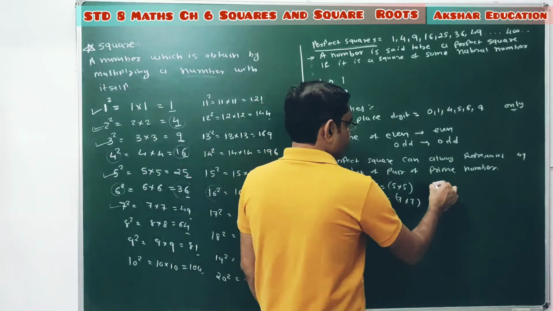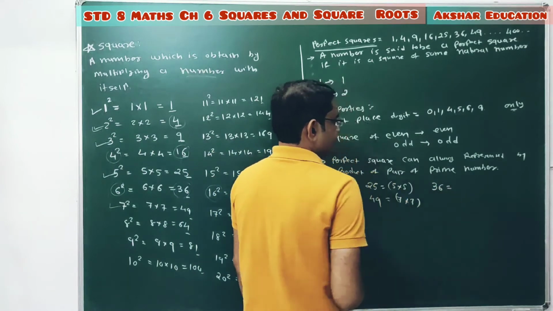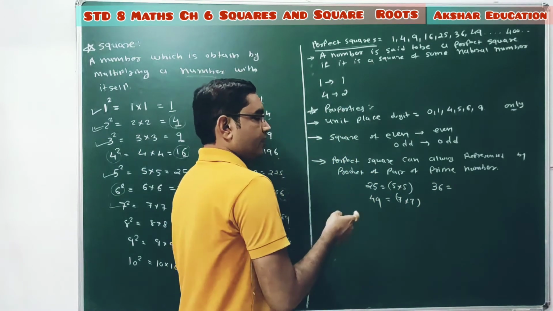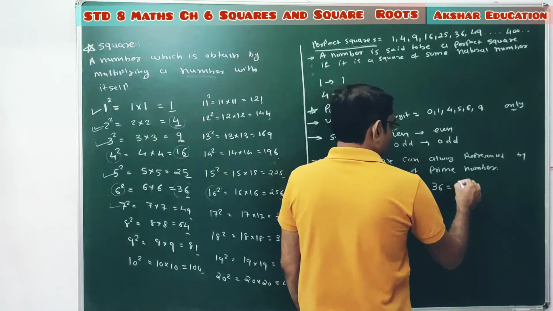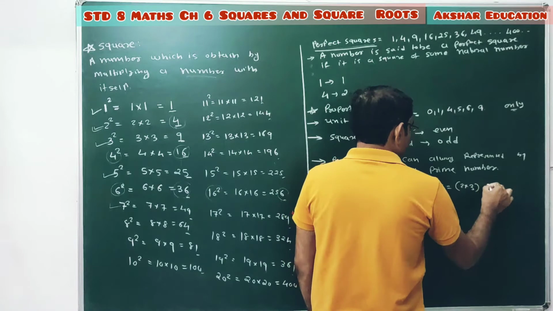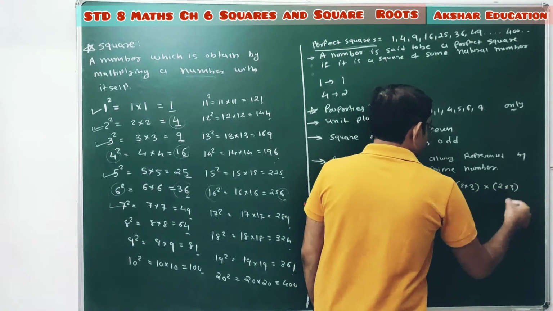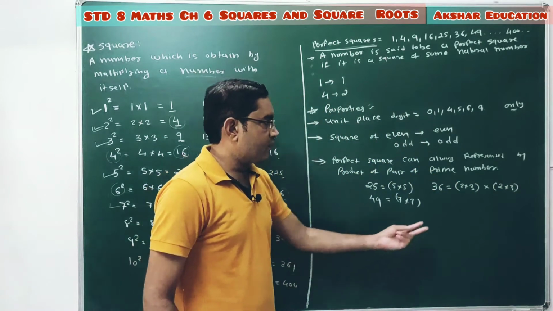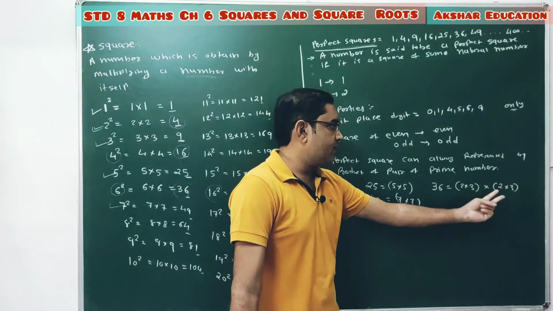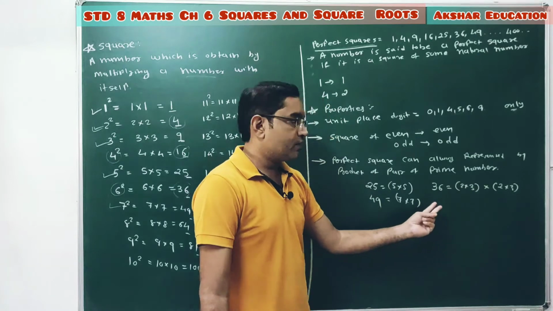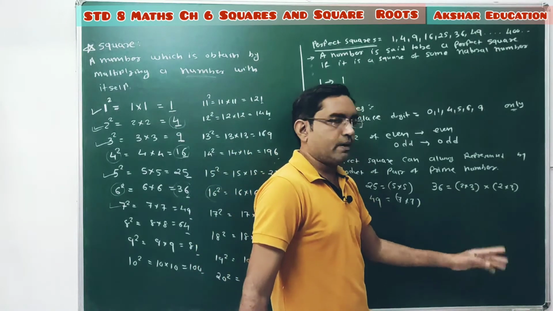For example 36. 36 is a perfect square number. It is also represented as a product of pairs of prime numbers. How? It can be represented as 2 into 3 and 2 into 3. So here two pairs of prime numbers are there, 2 and 3, 2 and 3. So 36 can be represented as a product of pairs of prime numbers.